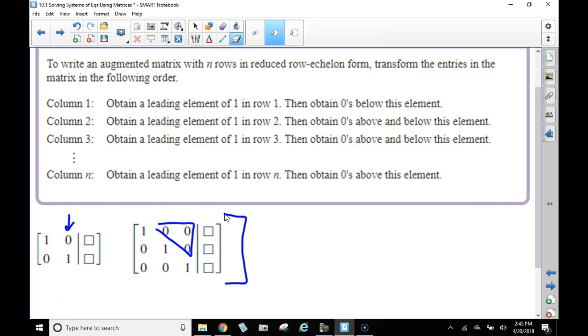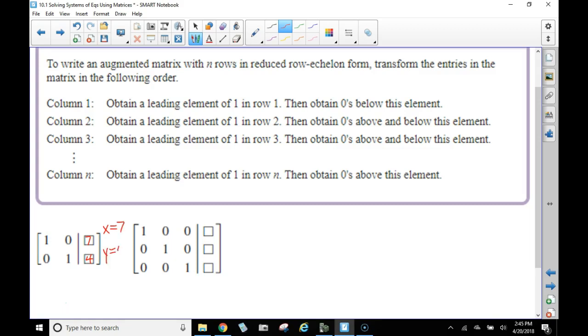So you can imagine that once you get them in that form, you can just read what your system says. If this is like a 7 and this is a 4 after you do it, your solutions are going to be x is equal to 7, y is equal to 4. I'm just saying like if. And then down this column, let's say that you had a -3, a 0, and a 2.